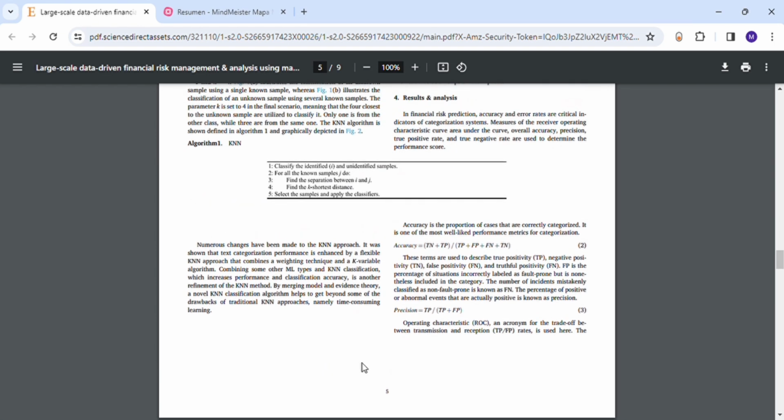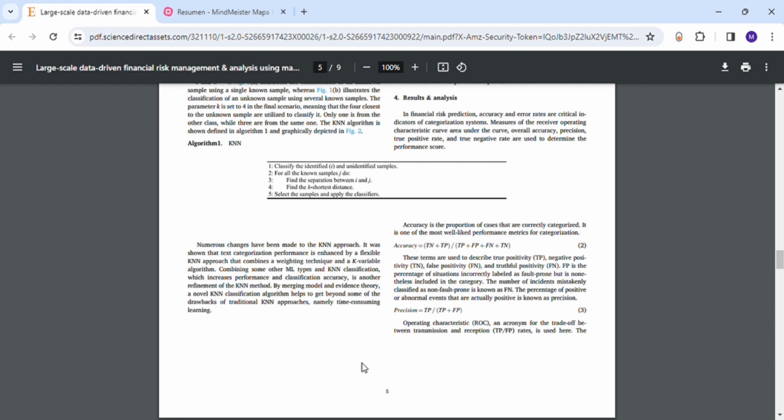Accuracy is the proportion of cases that are correctly categorized. It is one of the most well-liked performance metrics for categorization. These terms are used to describe true positive, true negative, false positive, and false negative.